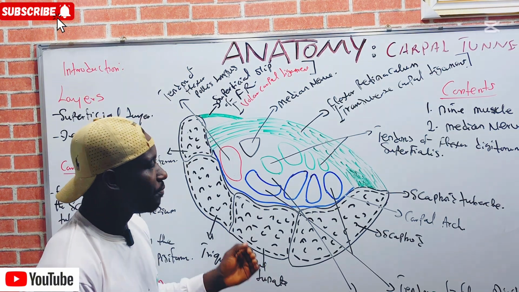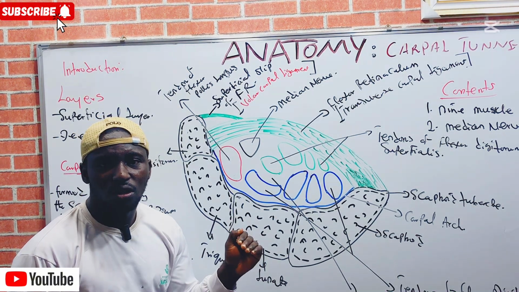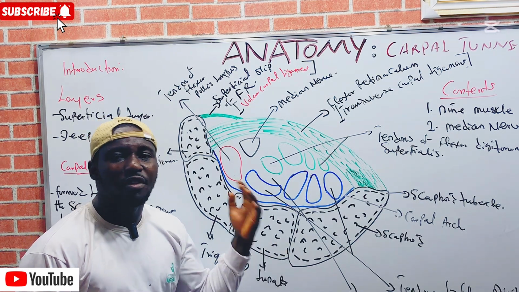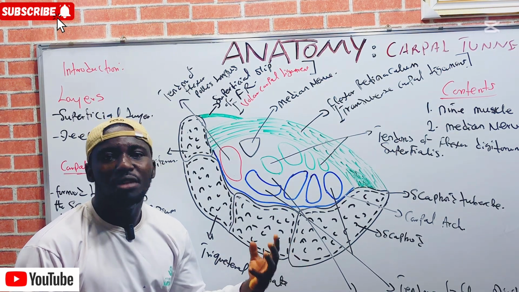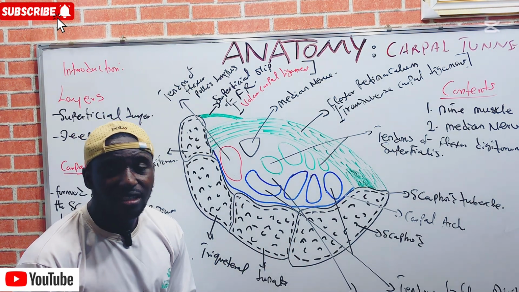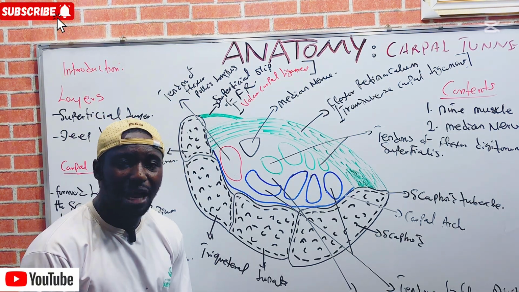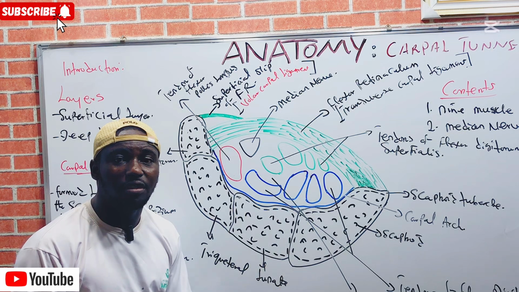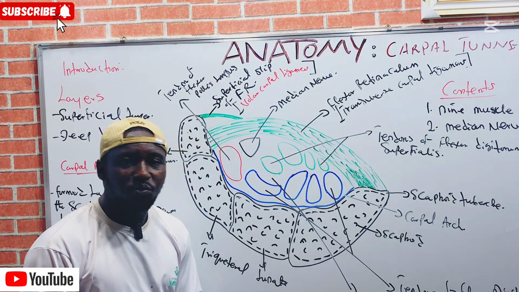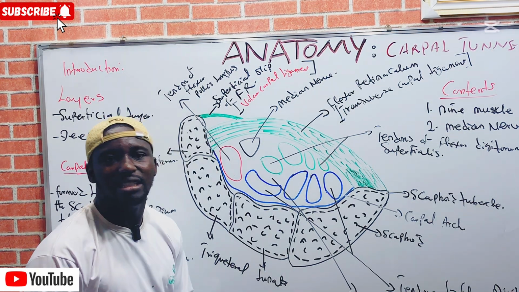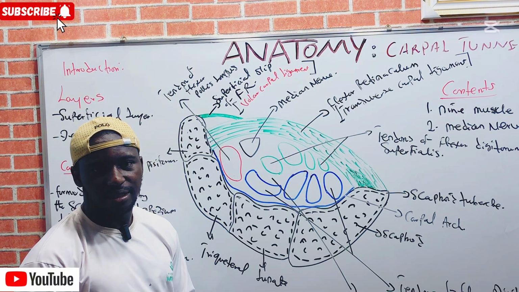So to tell you that any lesion of the median nerve at the level of the carpal tunnel will implicate carpal tunnel syndrome, and the motor and the sensory branch of the median nerve at the level of the hand will be damaged. That is the recurrent branch and the palmar digital branches.